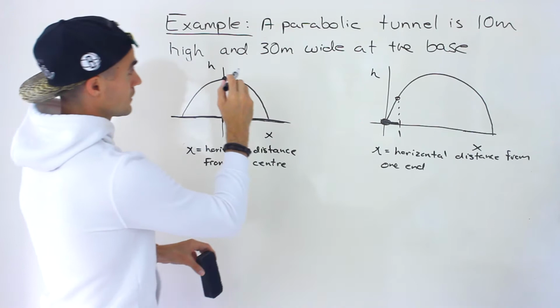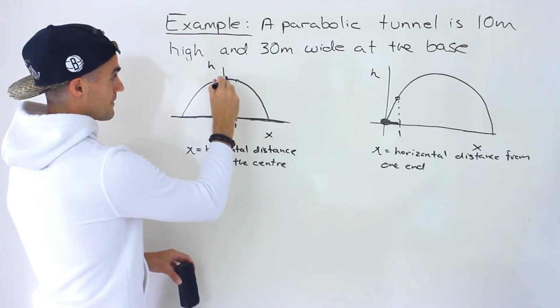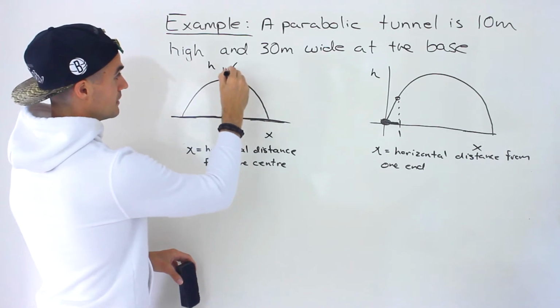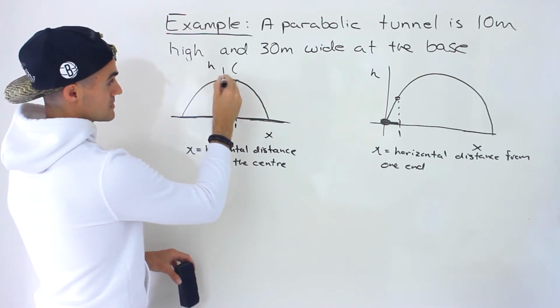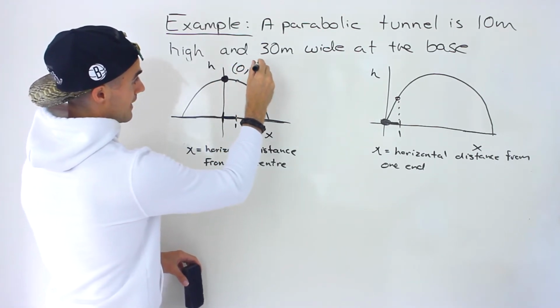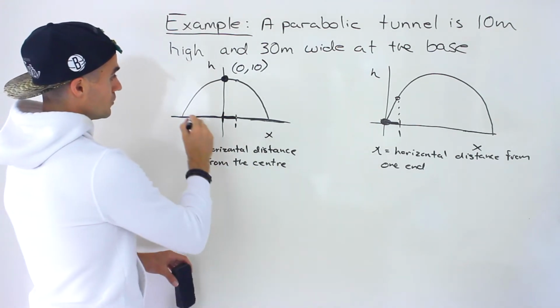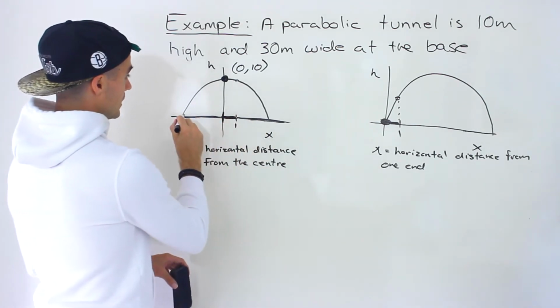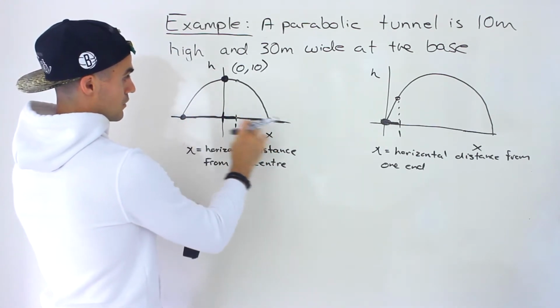Okay, so starting with this one, a parabolic tunnel is 10 meters high, which means that we know that the max height is going to be 10. And notice the x value of the vertex in this case, because it's on that h-axis, the x value is going to be 0, the h value of the vertex is going to be 10. Okay, and then we're told it's also 30 meters wide, meaning the distance from here to here is 30.